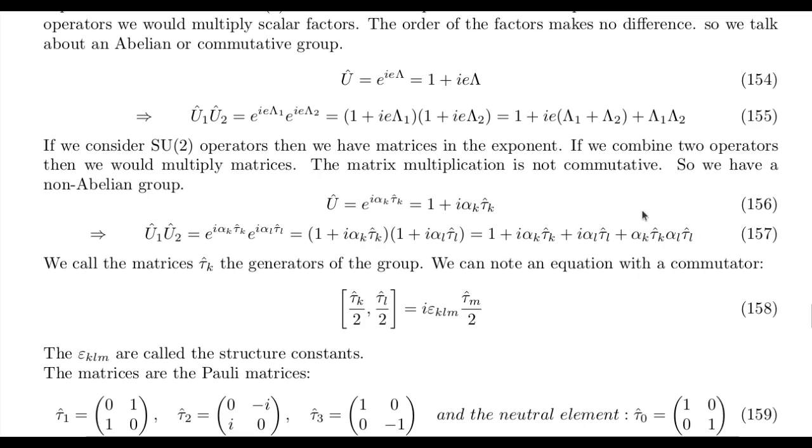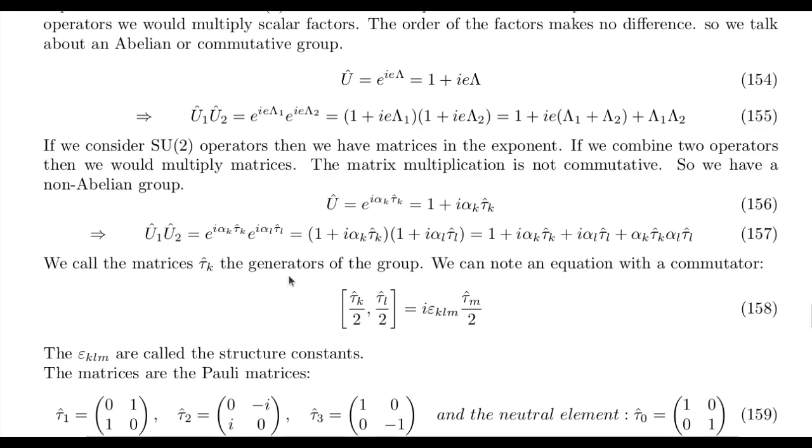And then we have, in the last term of 157, two Pauli matrices, tau. In some other literature, the symbol sigma, a small Greek sigma, is used to denote the Pauli matrices. We use tau here.